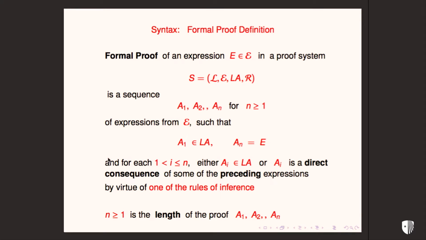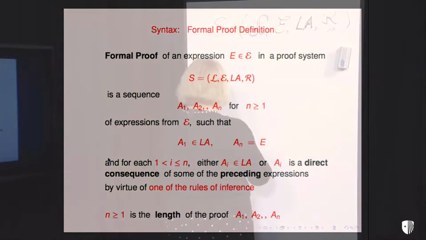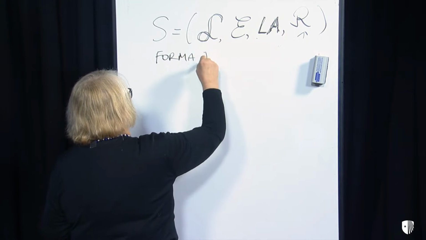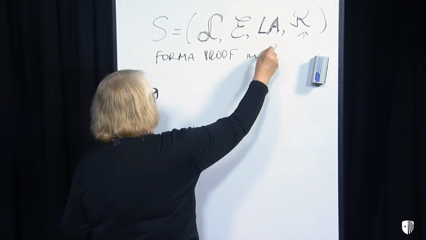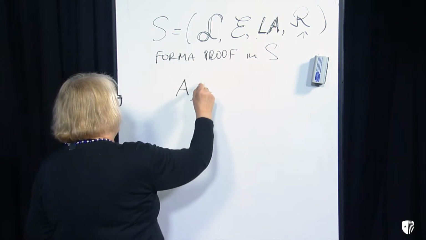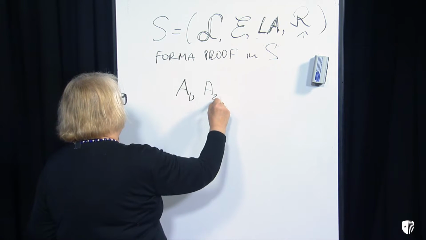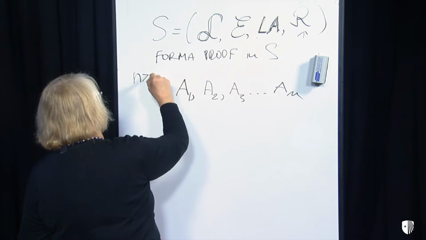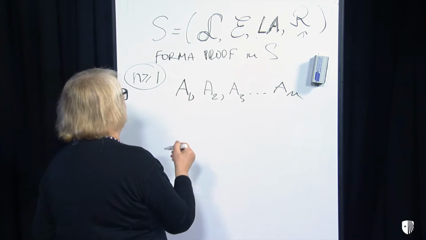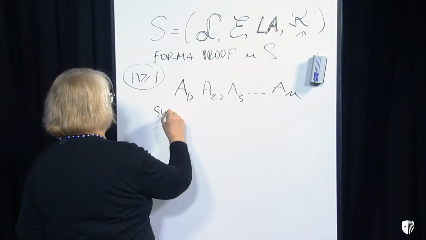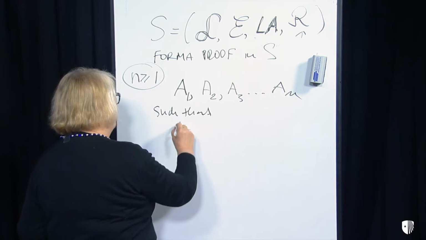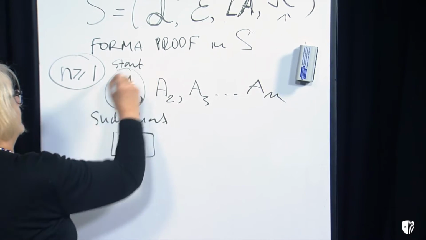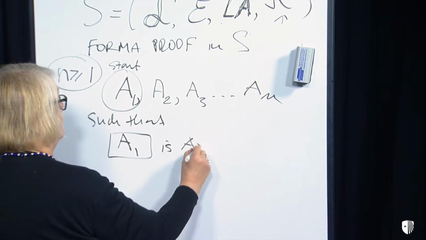So to have a formal proof in S, it is a sequence A1, A2, A3, ..., AN, with N greater than or equal to 1, of expressions such that the first one is an axiom.